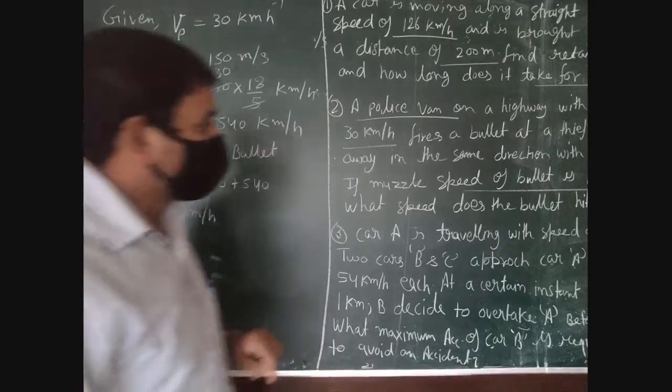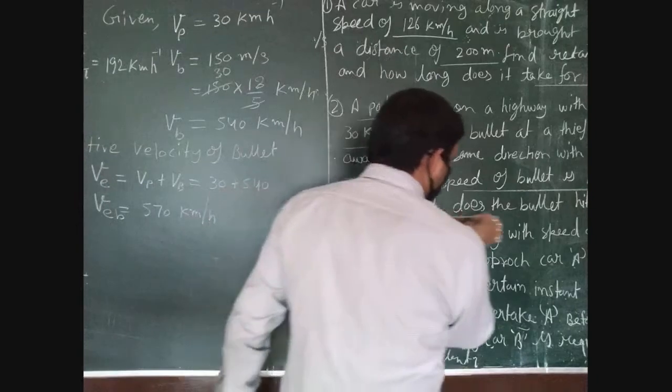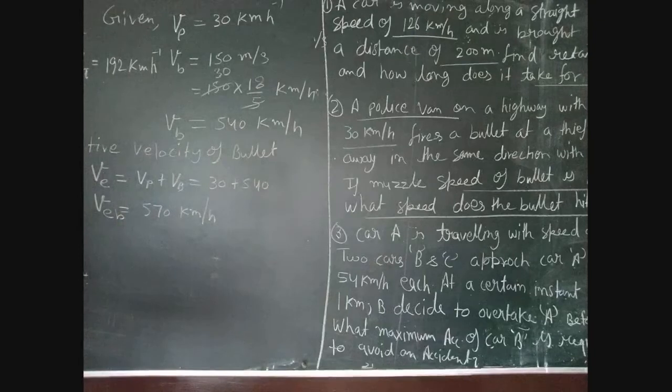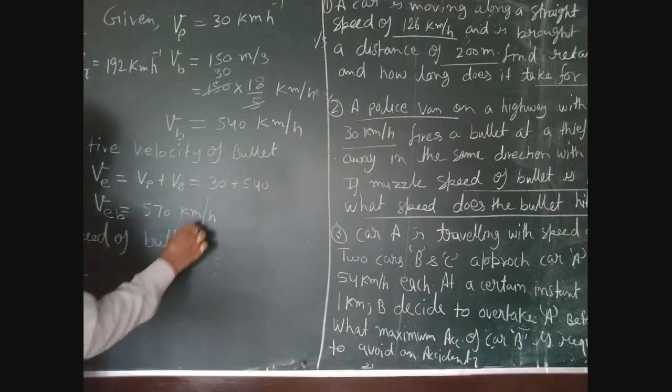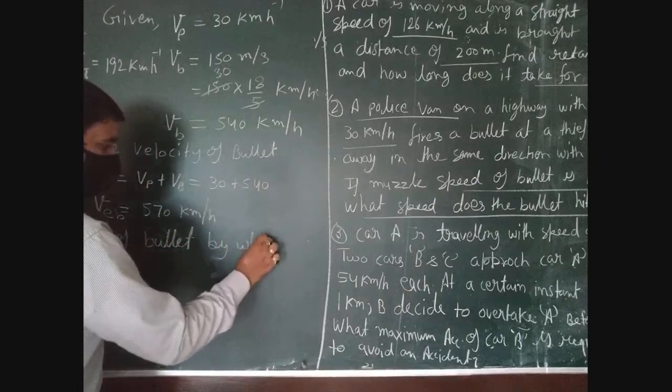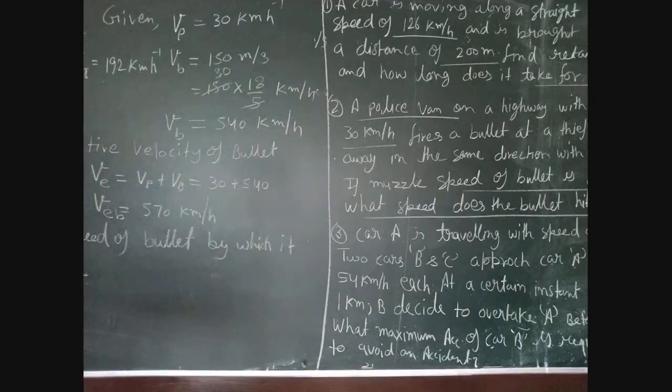Now the question asked: at what speed does the bullet hit the car? So the relative speed of the bullet by which it hits the car is VBE.